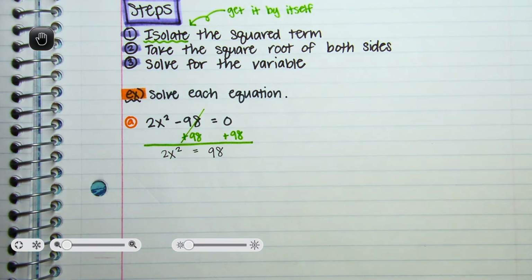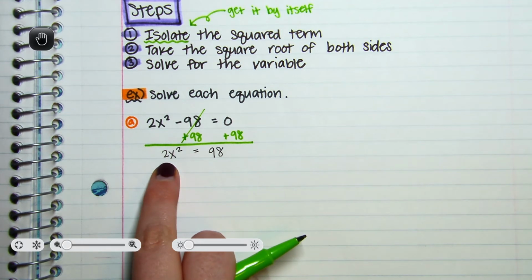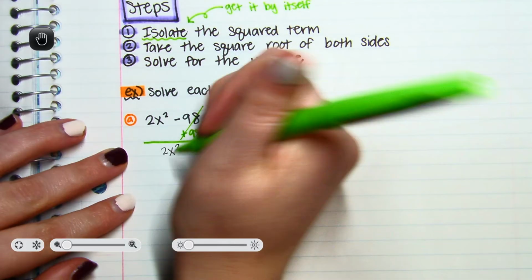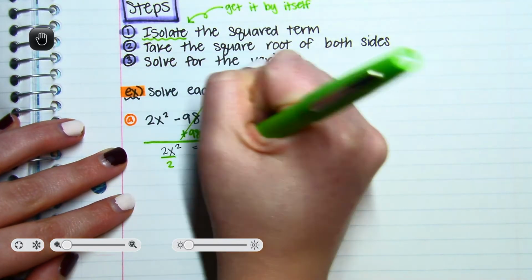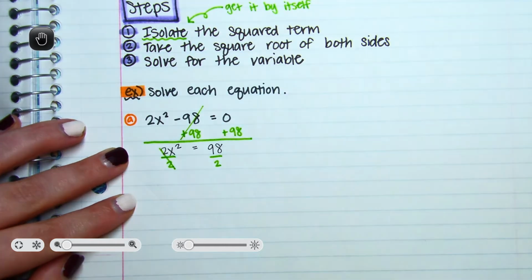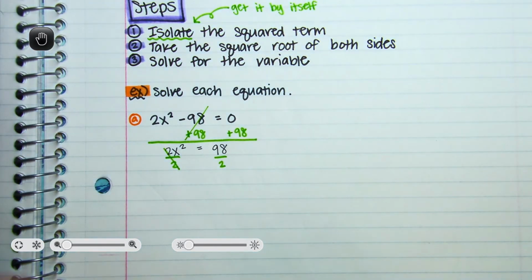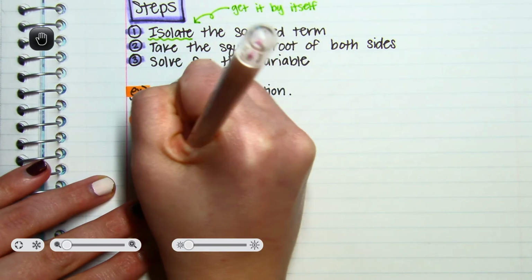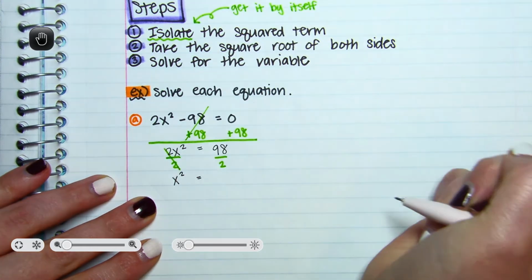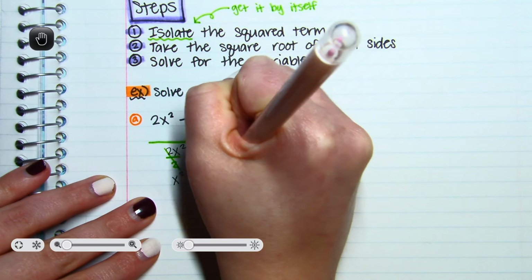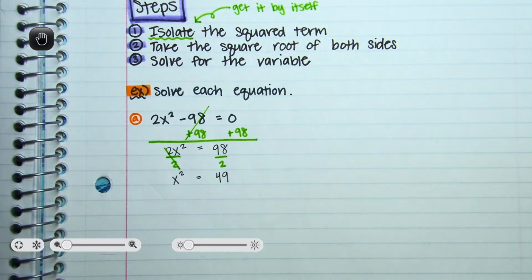Now my x squared term is almost by itself, but it has a 2 multiplied by it. What undoes multiplication? If you said division, you are correct. So I'm going to divide both sides by 2. And then I will be left with x squared equals 49. Now that my squared term is by itself, I can take the square root of both sides.